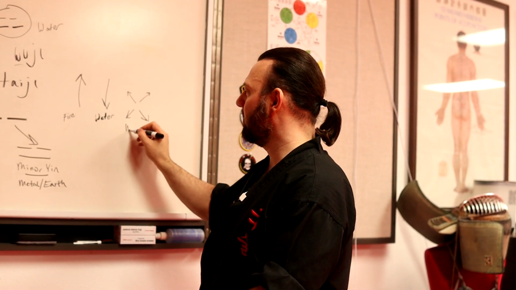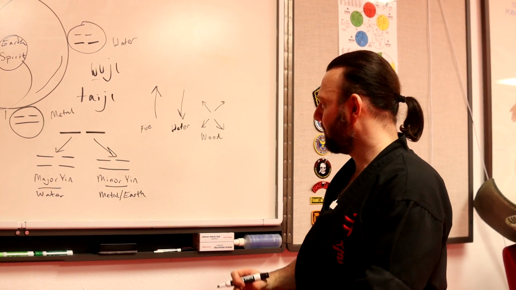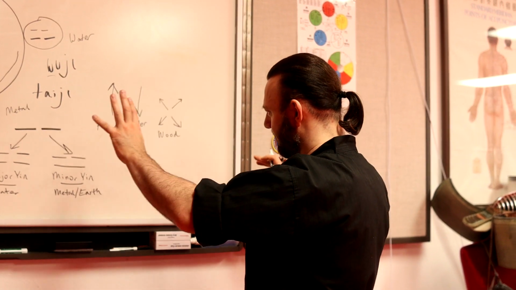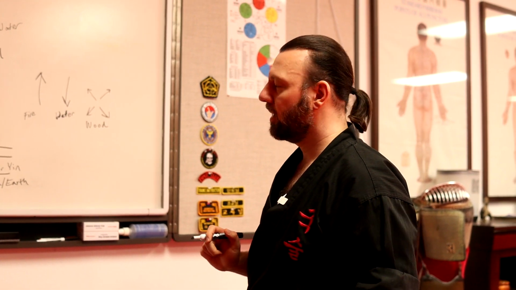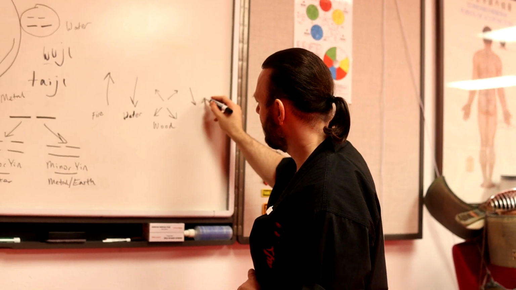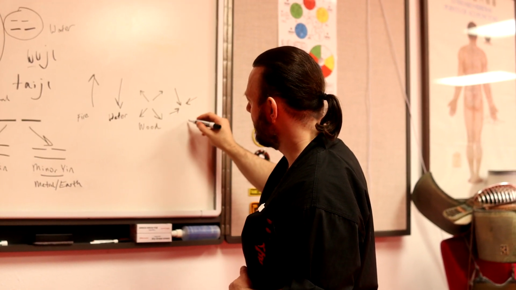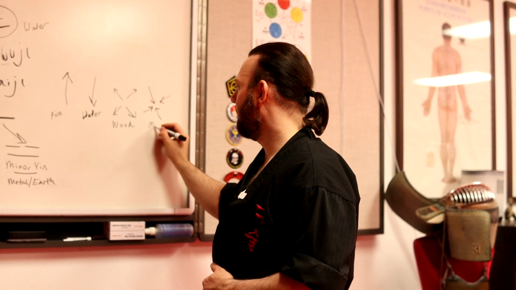This is one of the functions of the liver, to distribute qi through the body. So this expansiveness is a quality associated with wood. Likewise, the ability to congeal and draw together, as the lungs do, is a function of metal.